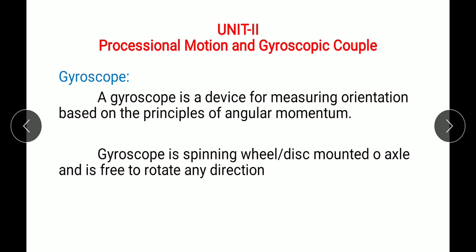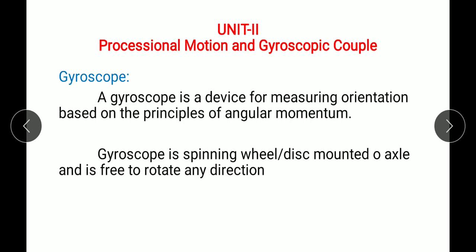When we consider a gyroscope, we always apply it to rotating or spinning bodies. Here the gyroscope is a spinning wheel or disc mounted on an axle, free to rotate in any direction.